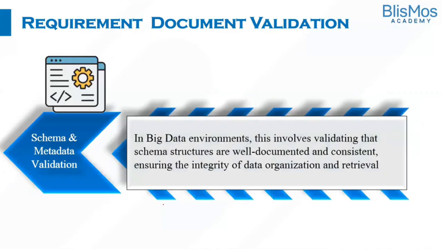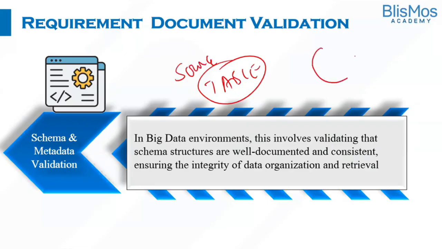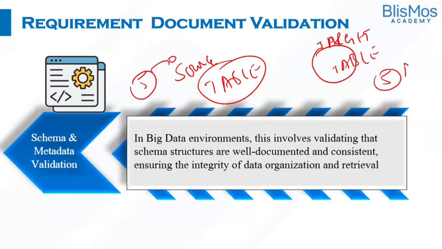Then comes the schema and metadata validation. So when we have a source, where is the data stored? Data is stored in a source table, and data is getting loaded into the target table. When I say table, it should have a schema, isn't it? So if they have mentioned some 5 attributes in source, and there is a one-to-one mapping, then the schema should contain these 5 attributes, and the schema in the target should contain these 5 attributes.